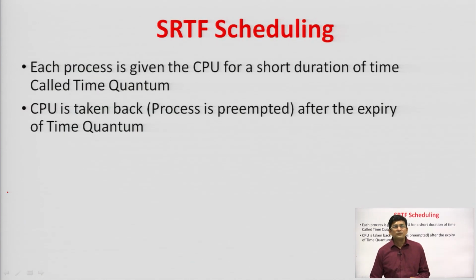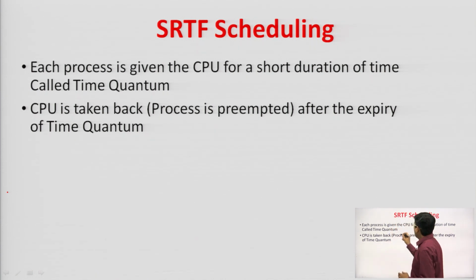Now let us talk about the SRTF scheduling algorithm. As I already told you, the CPU is allocated to the process for some amount of time and then it is taken back. It means when the CPU is allocated to a process and a shorter job arrives, we take the CPU back from the process and allocate it to another process having a shorter burst time than the previous one.